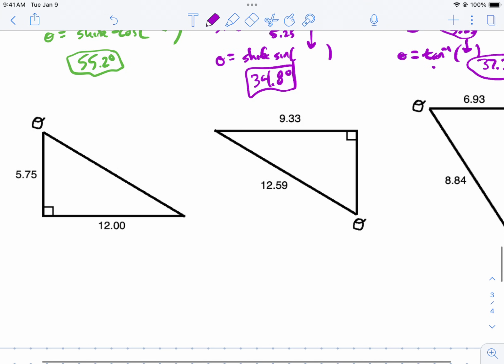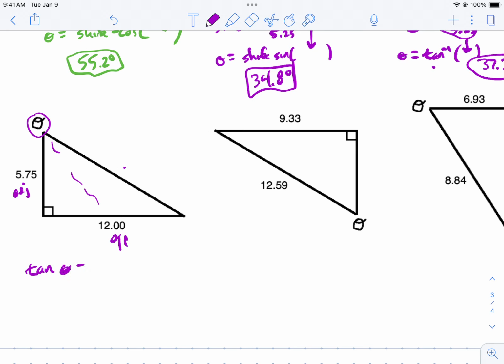What do we got here? My point of view is up here again. A lot of high thetas. So coming down here, that would be the opposite. That's the hypotenuse. So this is the adjacent. So it's O and A again, another tangent. The tangent of that angle up there would be its opposite side, 12, over its adjacent side, 5.75.